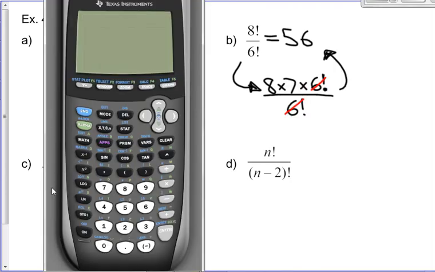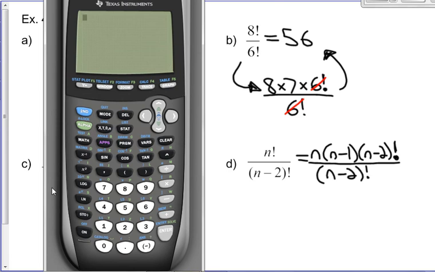If we try and look at it abstractly, n factorial over n minus 2 factorial means, okay, n factorial will be n by n minus 1 by n minus 2 by n minus 3 and so on. And we just have to decide where we want to stop writing all the individual terms. And I would say it's right here.